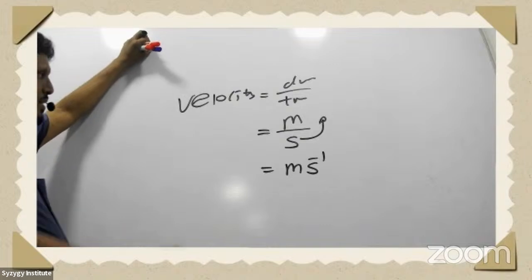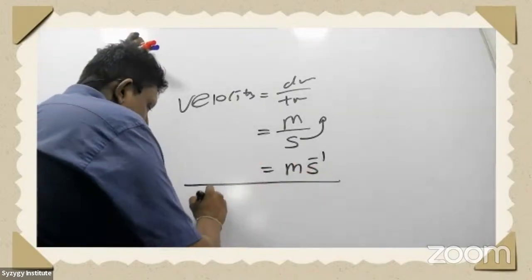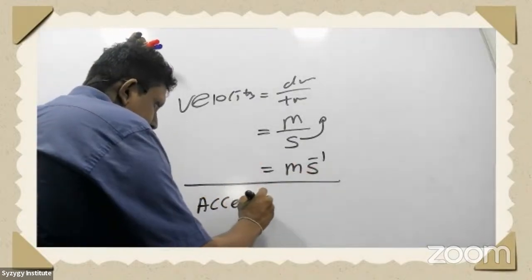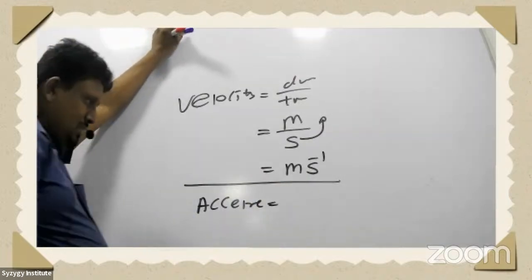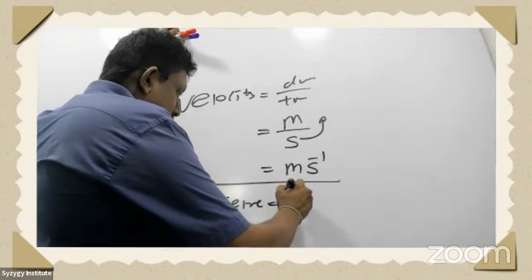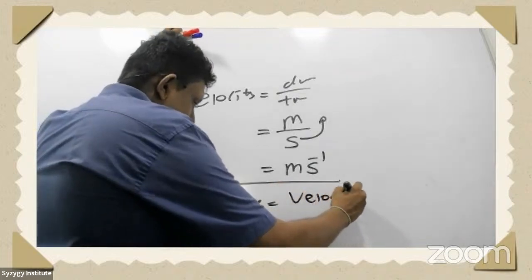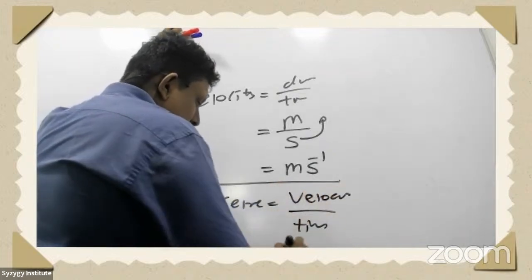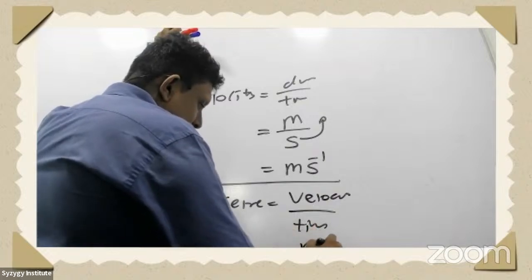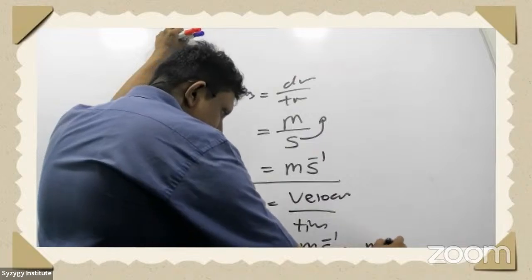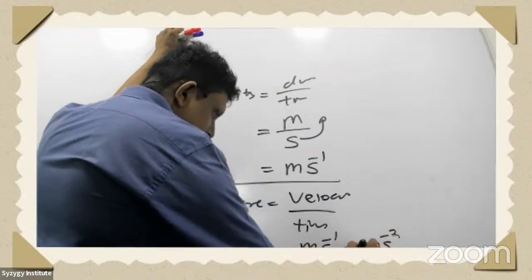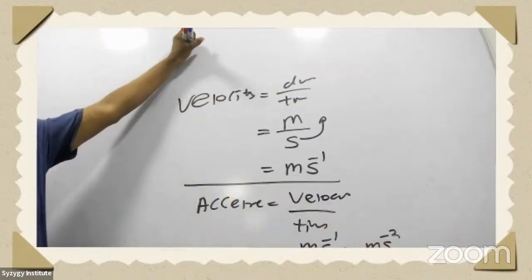Then acceleration. Velocity over time. Velocity you can write ms minus 1, over time in seconds, then ms minus 2. Meters per square second.